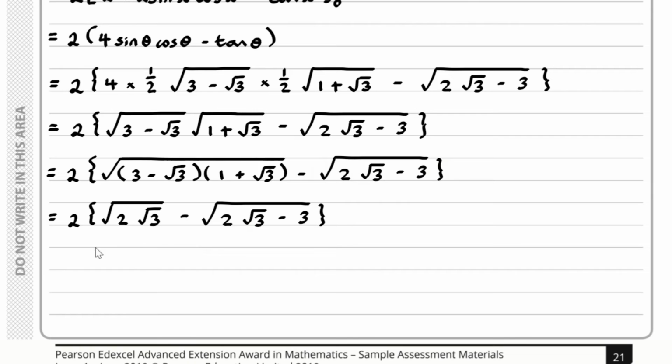And if I multiply the 2 into the bracket, I have 2 multiplied by 2 root 3 square rooted, subtract 2 multiplied by 2 root 3 minus 3 square rooted. And this is the required area.